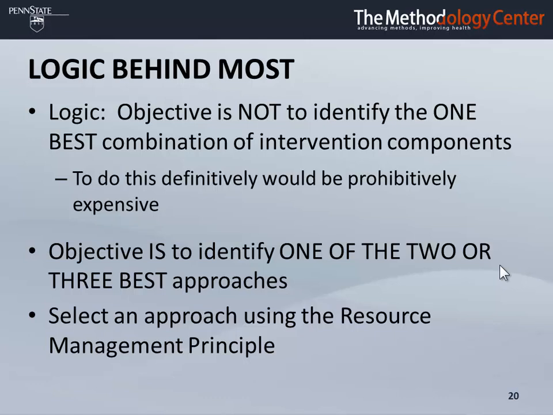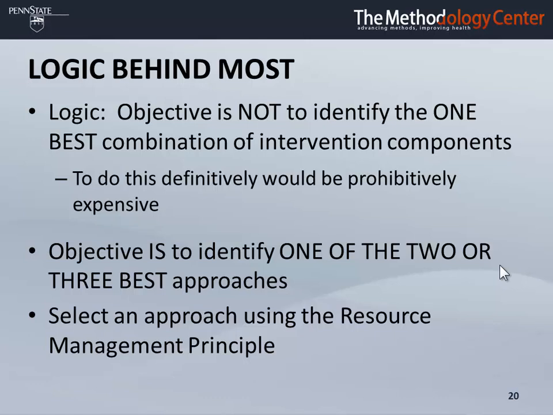So the logic here is really not to identify the one best combination of intervention components. Let's say you had 5 intervention components that you were interested in, and let's say that each of them had 2 levels, maybe could be included or not. If you were to make up every possible combination of those, there would be 32 different combinations.